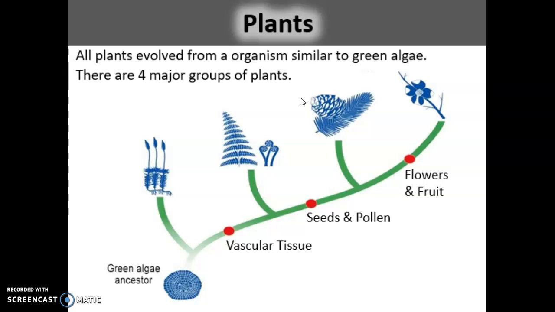However, they rely on wind to carry seeds and pollen, but our final and our most advanced group of plants are these groups right here called angiosperms, and they use flowers and fruits as their major adaptations to help them with the reproductive process. Again, throughout the chapter, we're going to be talking about the mosses, the ferns, the gymnosperms, and angiosperms, but today we're going to be focused on these mosses right here.